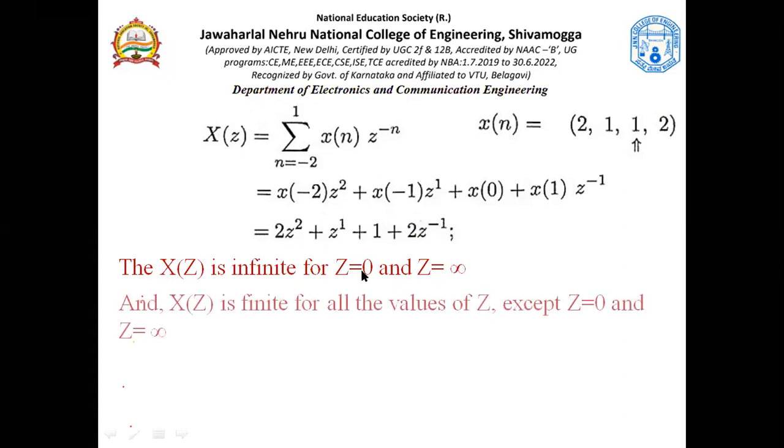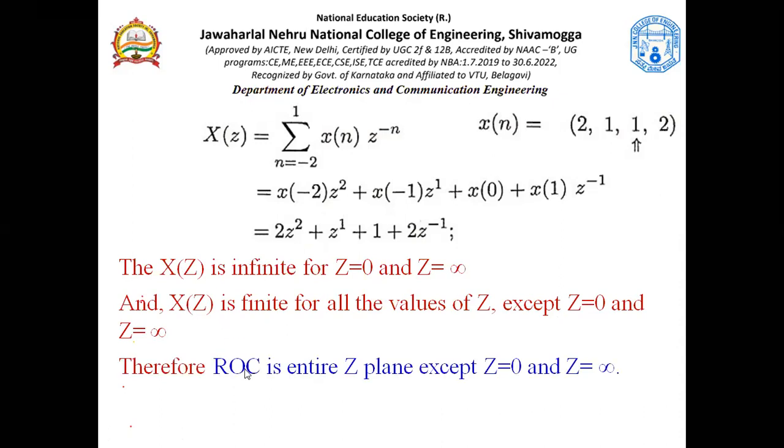Okay, so which means that x of z is finite for all values of z except z equal to 0 and z equal to infinity, because at z equal to 0 and z equal to infinity, x of z becomes infinity. So except those two values, all other values of z would make x of z finite. So what is ROC then?